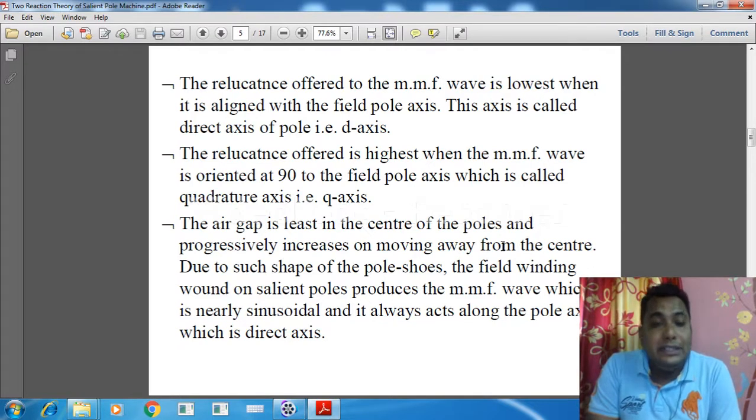The air gap is least in the center of the poles and progressively increases on moving away from the center. Due to such shape of the pole shoes, the field winding wound on the salient pole produces an MMF wave which is nearly sinusoidal, and it always acts along the pole axis, which is the direct axis.